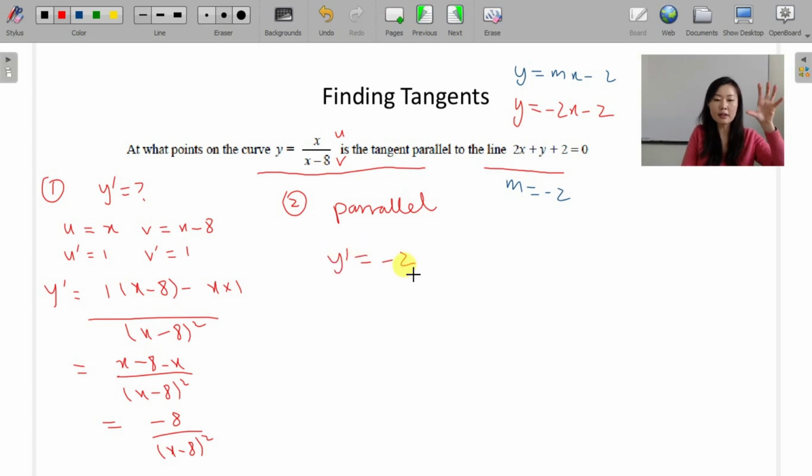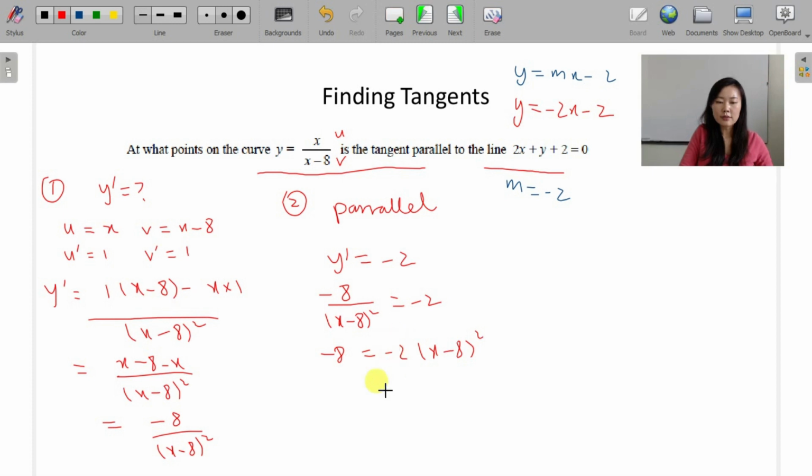You want the gradient of your tangent to equal -2. So we need to solve the derivative equal to -2. Divide that -2 across. So that's 4.